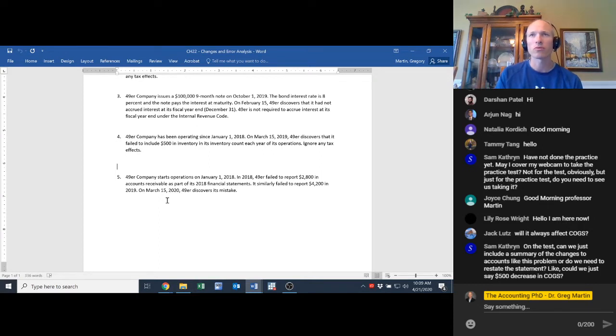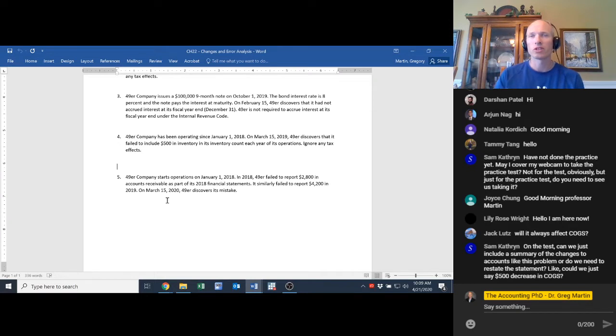But let's also think about a situation where the 2,800 actually was collected. So those are the two situations: either it was or was not collected. Let's say that it actually was collected. Well, then you have a mistake in 2018, because you should have had revenue recorded that year. And then in 2019, you have revenue of 2,800 that was recorded that should not have been.